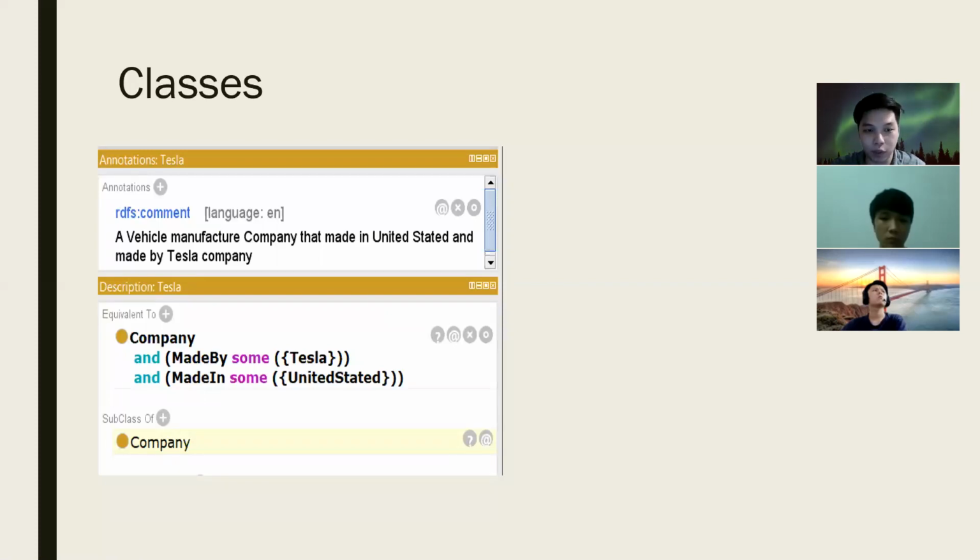In this picture, Tesla is an individual, and it should be made in United States also. These two with curly brackets show our individuals. So that's all for classes. Now I pass to my friend, Sin Tat, to continue.